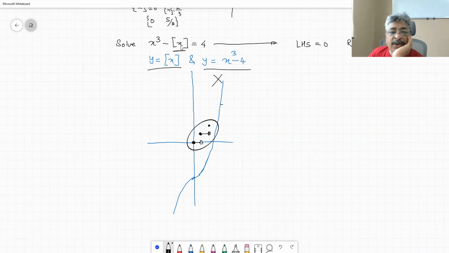So if I take x between 1 to 2, where the greatest integer is 1, then the value of x cube, now let us write it like this. x is between 0 to 1.